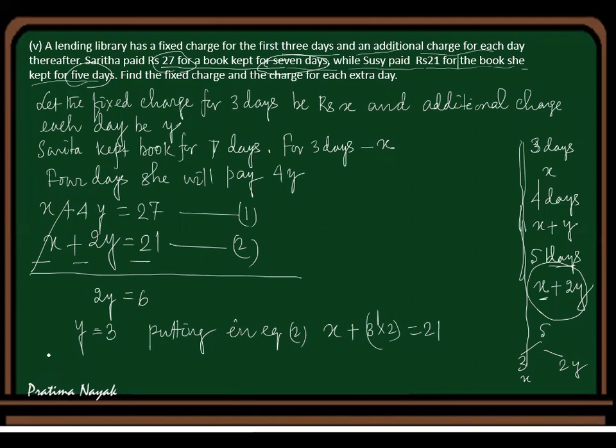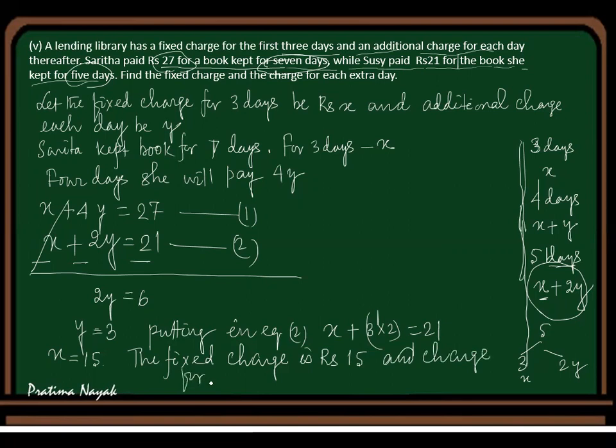So X is equal to 21 minus 6, which is 15. So the fixed charge is rupees 15, and the charge for each extra day is rupees 3.